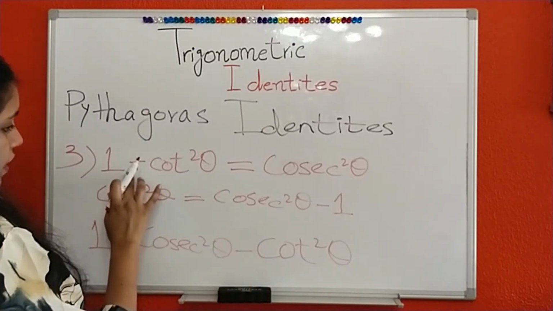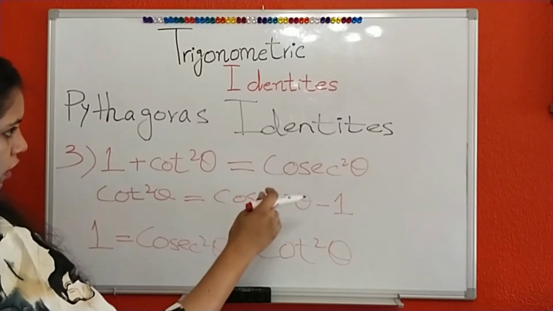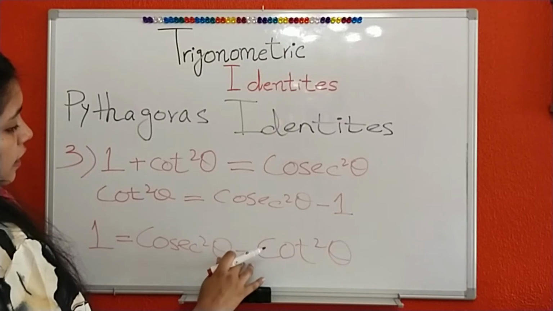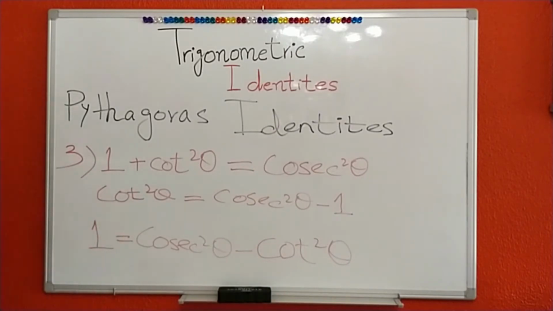So it has positive sign here. When it is shifted on the right side, or on the is equal to side, then the sign is negative now. So students, these are the three identities for Pythagoras. Now I need to teach you questions related to these identities.